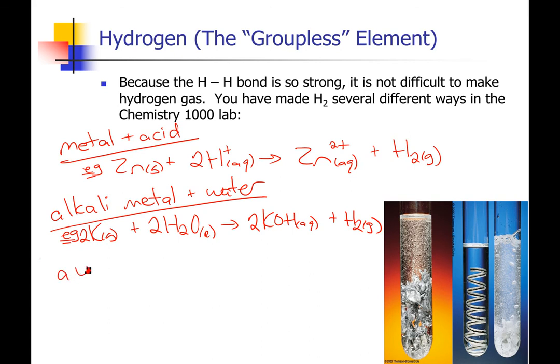You also saw that there are some metals, notably aluminum, that you can react with aqueous base and get hydrogen gas out.